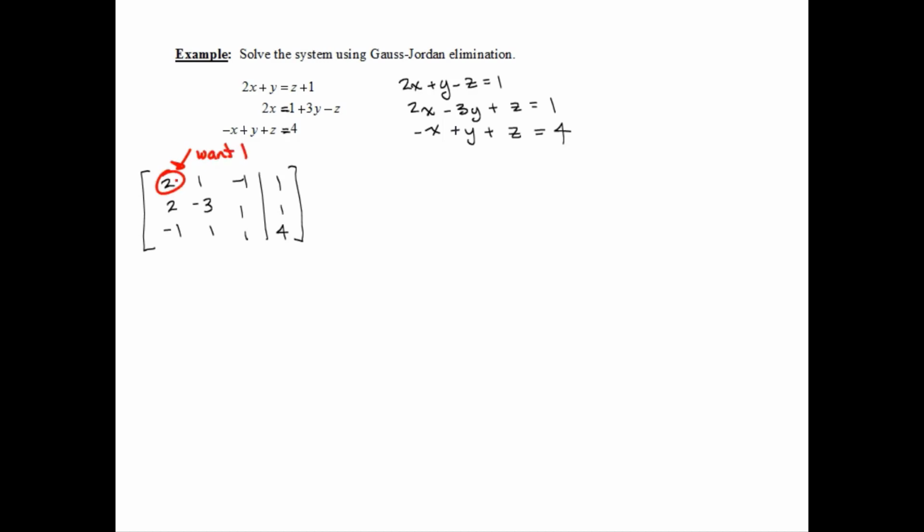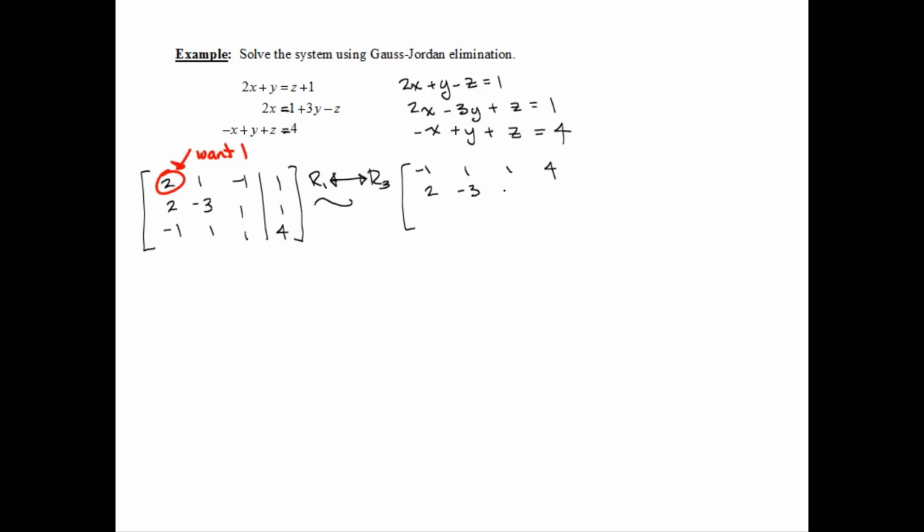And I could multiply the first row by 1/2, but I think it will be easier, since I see a negative 1 sitting very conveniently in the third row, I'm going to switch row 1 and row 3. And so now I have this.